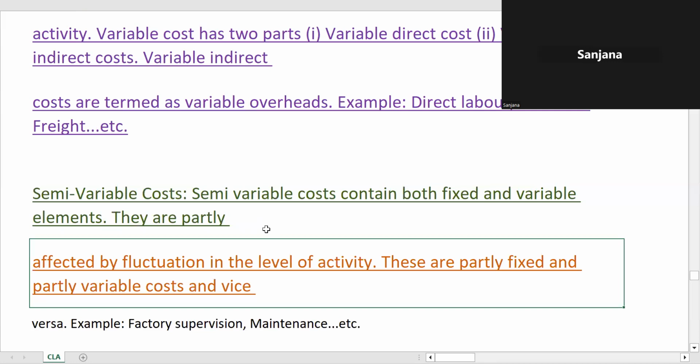They are partly fixed and partly variable. Because of that, it will not give a linear relationship in a graph.